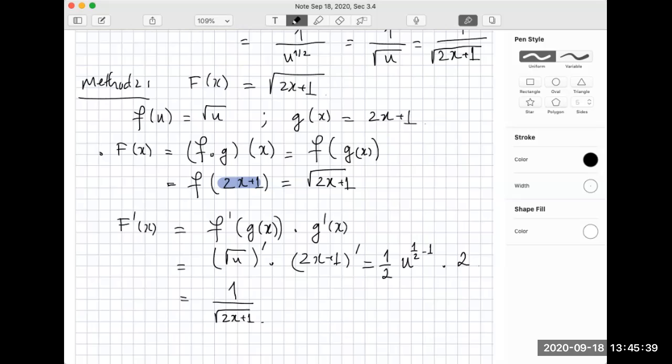So is it clear? You have any question? Gary? Is it clear, Gary? Yes, u is a variable. If we treat it here, f prime, it means small f prime here, it means derivative d over du of square root of u, right? It's similar to d over dx of square root of x.